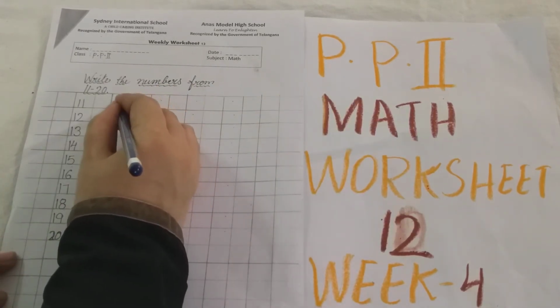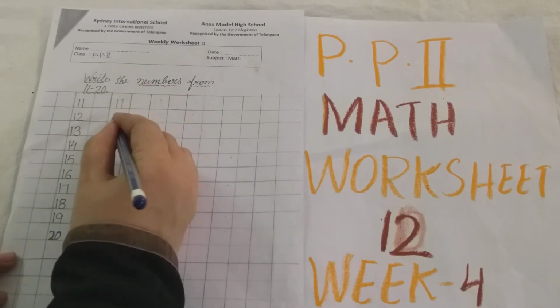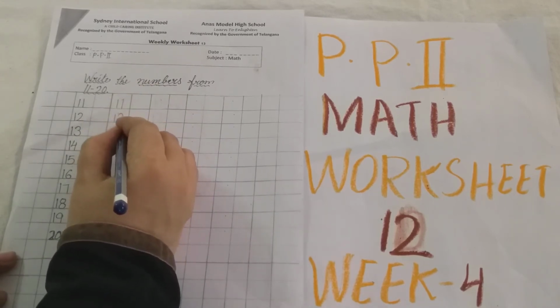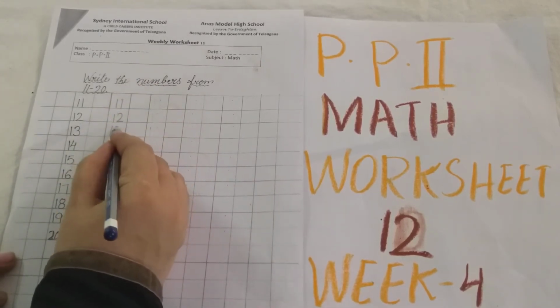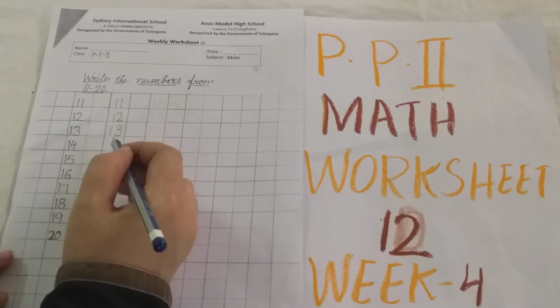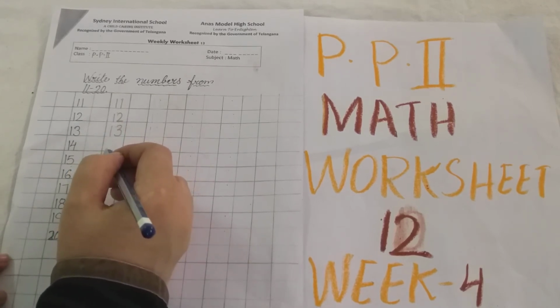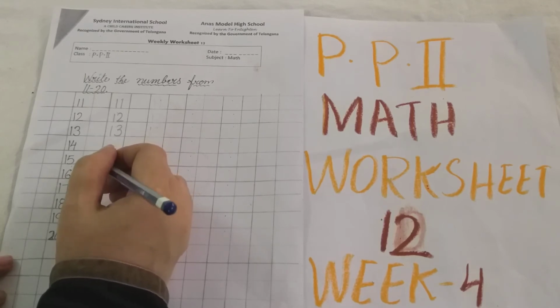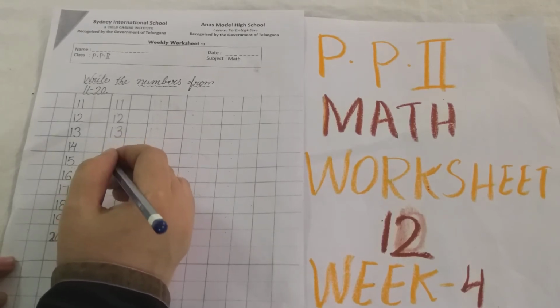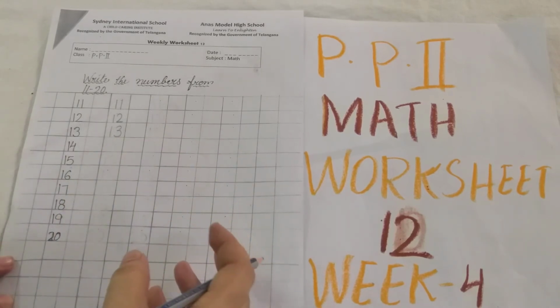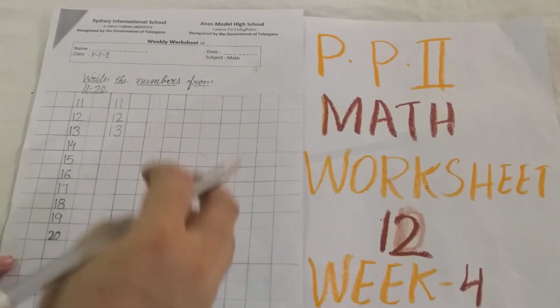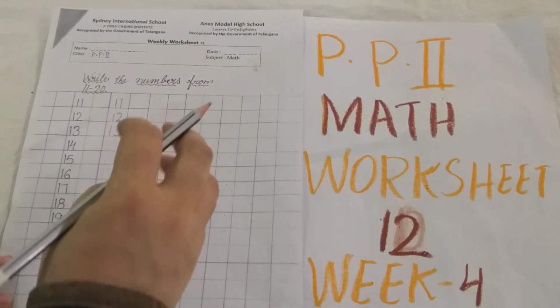Come on, start writing. 1, 1, 11. 1, 2, 12. 1, 3, 13. Please children, touch the line and write properly. When I correct the worksheet, some students, what have they done? In the middle of the box they have written the numbers.